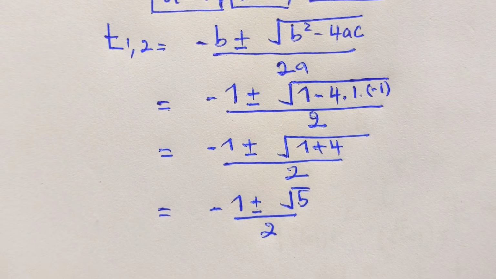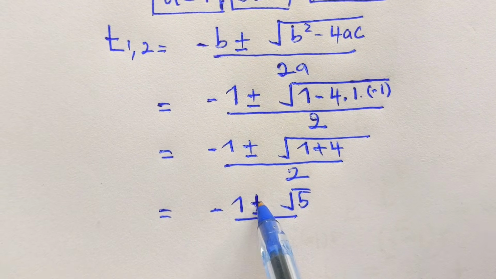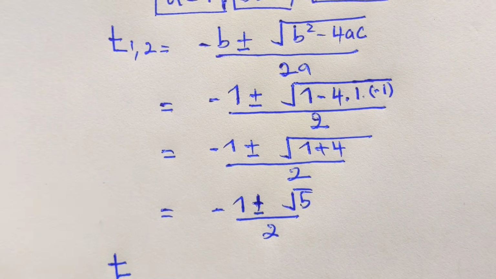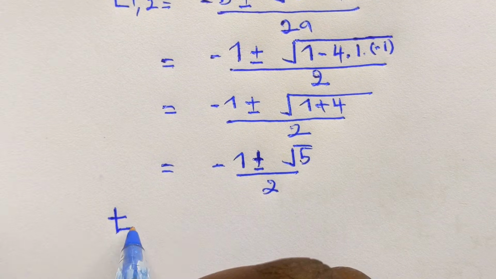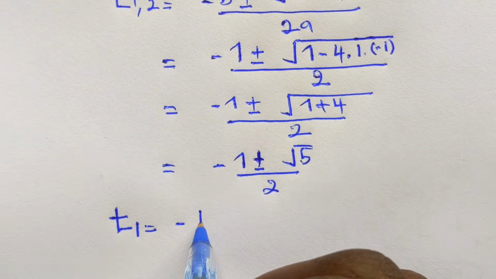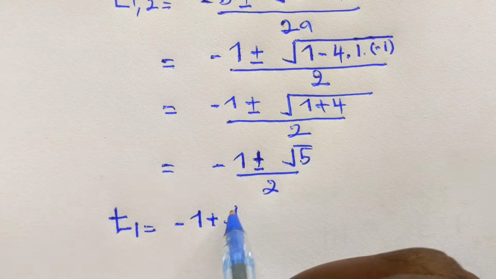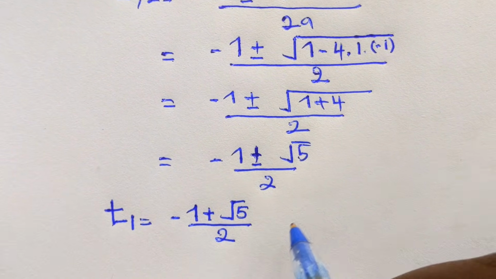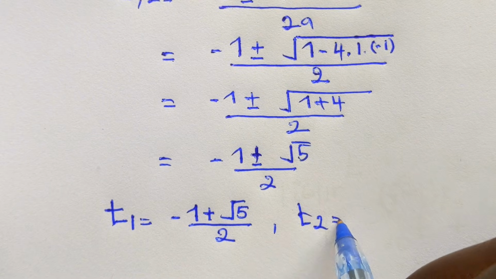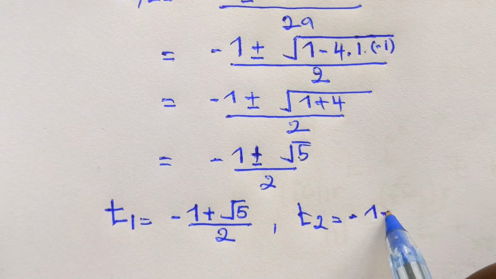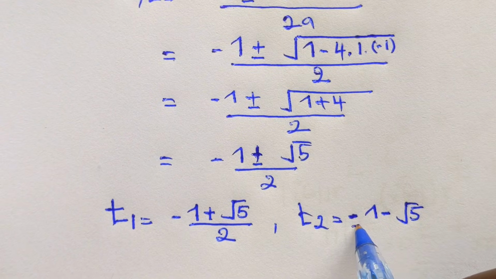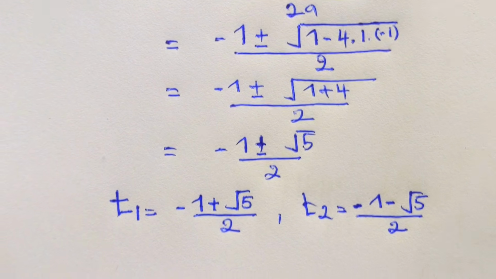And here these are the values of t that we have. t1 is equal to -1 plus square root of 5 over 2, and t2 is equal to -1 minus square root of 5 over 2.